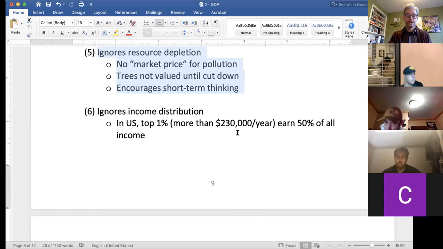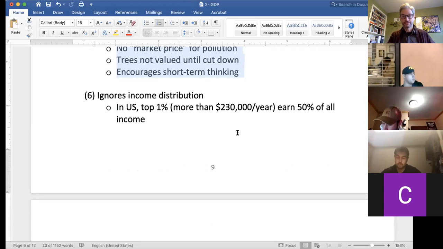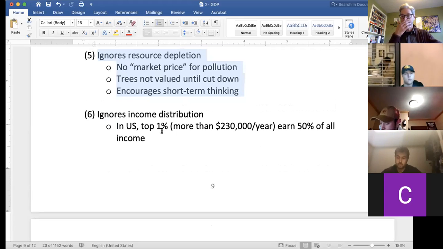And then finally, a legitimate criticism of GDP is that GDP, even per capita GDP, is just an average. You're just taking a big number and dividing it by the population and telling you what the average amount is that a person gets. But we know that very few people in the United States are average. We have a relatively small and shrinking middle class. You have some people who are very rich and a lot of people who are very poor.